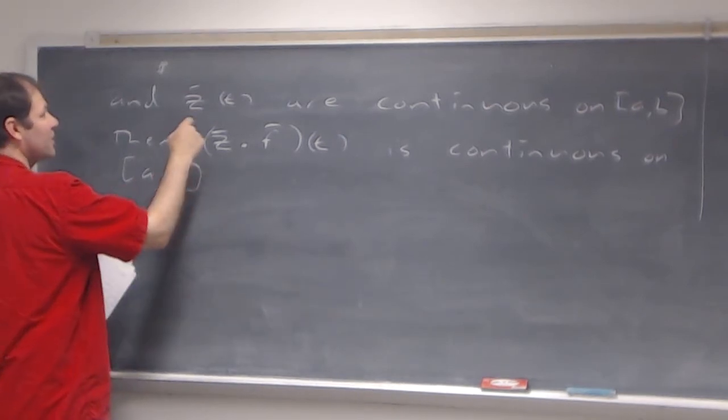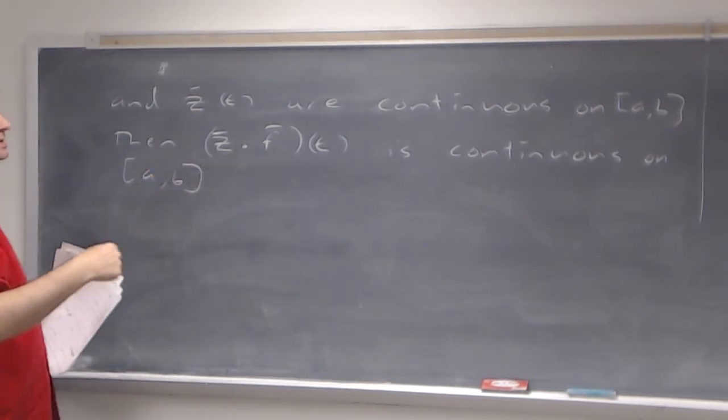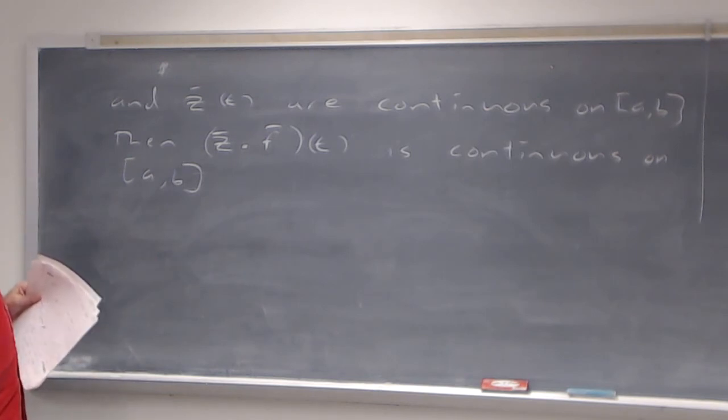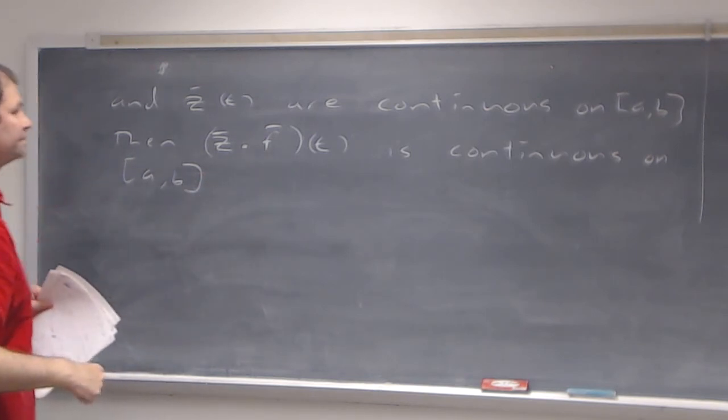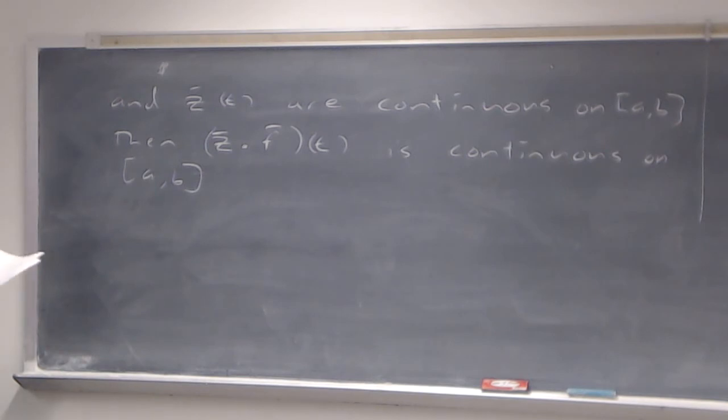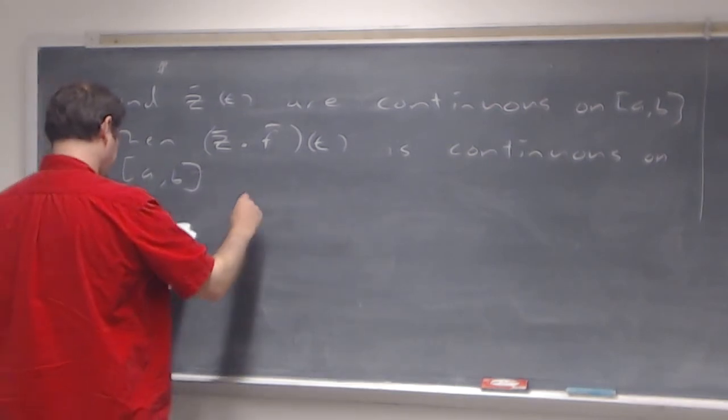Each of z bar and f bar was continuous as a vector valued function, but this is a continuous function that's real valued.